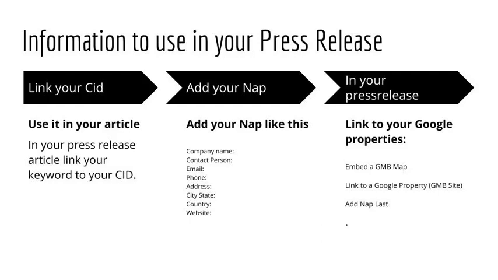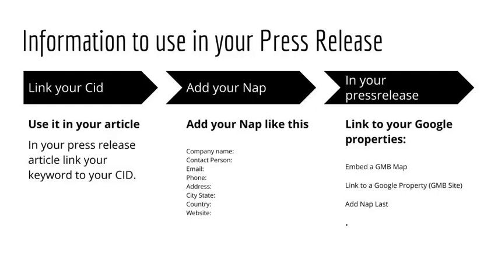You could find that in your GMB. You embed the Google map. You put that in the press release. You link to a Google property, like you could use your GMB website that you create inside the GMB. And you make sure you add the NAP last. Your name, address, and phone number, you add it on the bottom of the article.